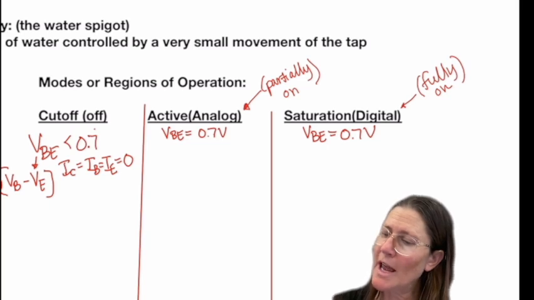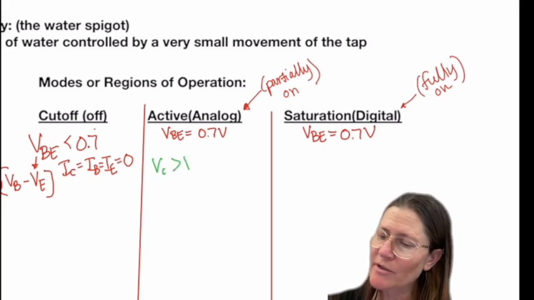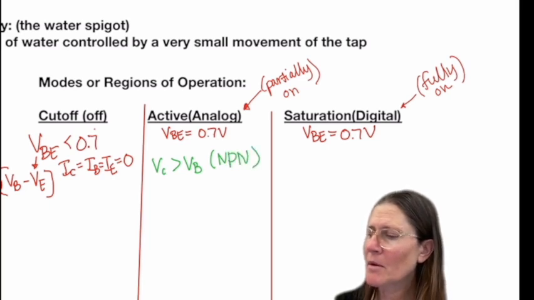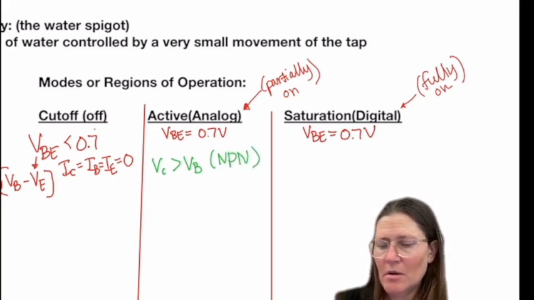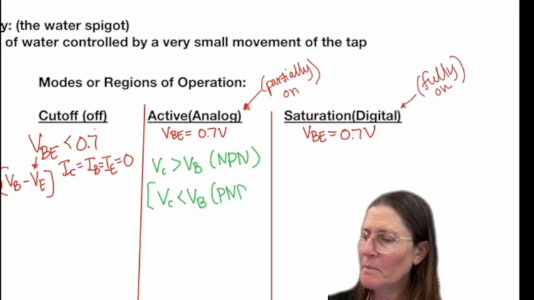So for an active, this is going to be that VC is greater than VB for an NPN. It's going to be opposite for a PNP.